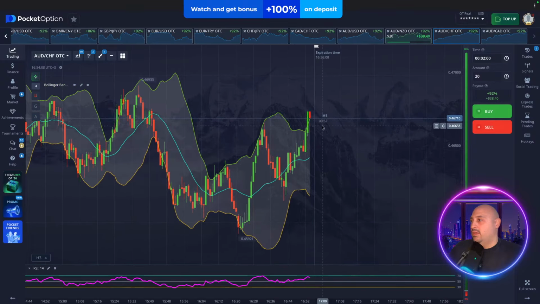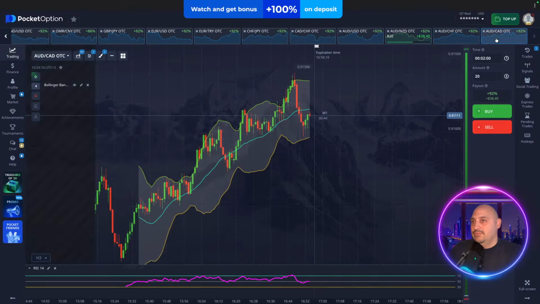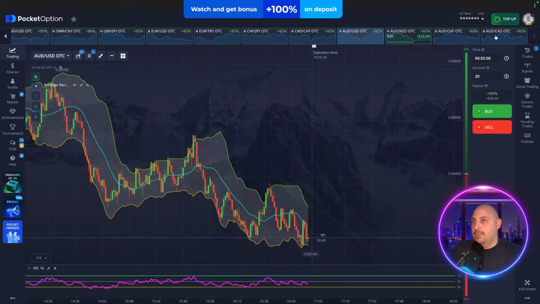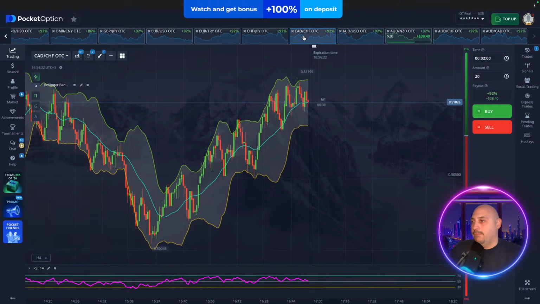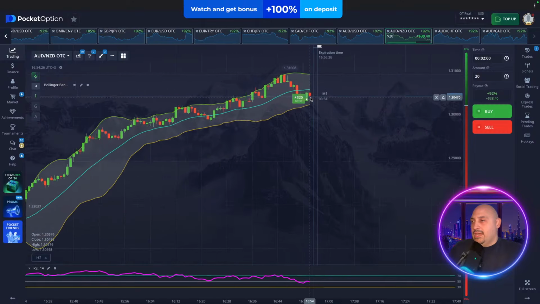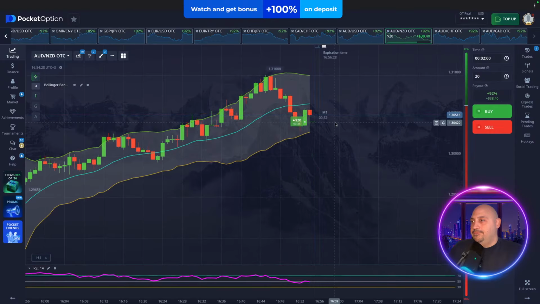I don't see a wick here. Not a perfect scenario, right? $40, looking good.